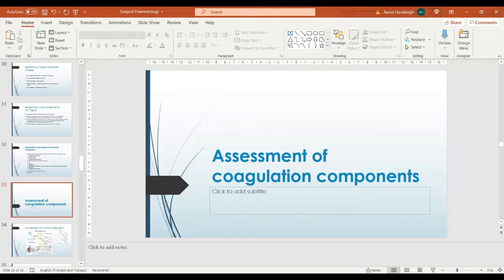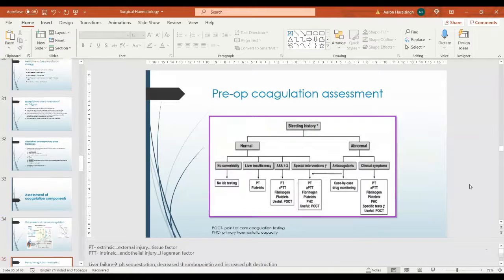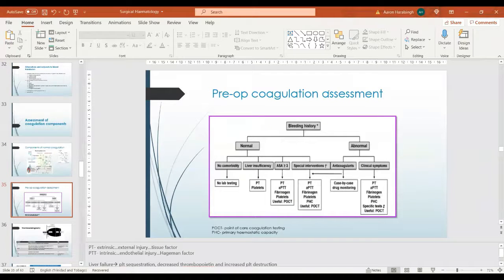Now, we move on to the assessment of the coagulation component. So the components of normal coagulation were overviewed earlier in the coagulation cascade itself. Now, in the pre-op coagulation assessment, we can look at the patient's bleeding history.